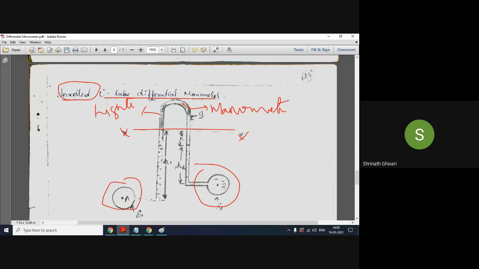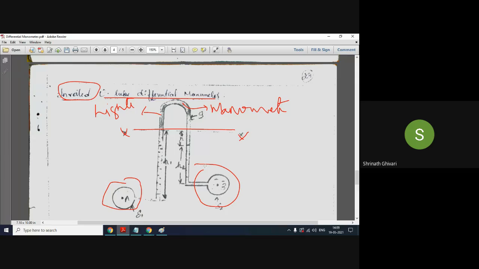If you want to measure a low pressure difference, we go for an inverted U-tube differential manometer, and we use a lighter liquid as the manometric liquid.